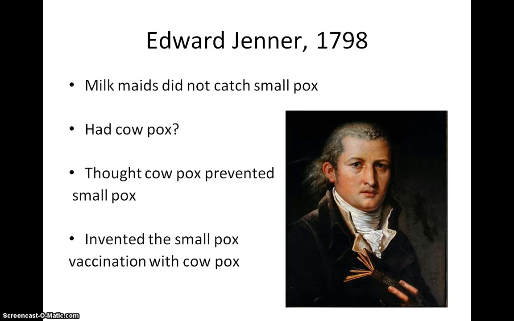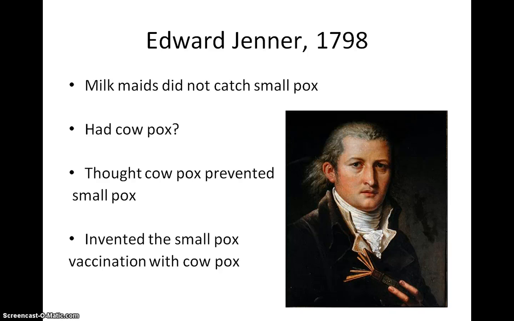So, we're jumping ahead now to the late 1700s. Edward Jenner did something pretty similar to Lady Montague in recognizing that milkmaids did not catch smallpox. So seeing that a certain group of people were seemingly immune to a certain disease, he proposed that possibly the reason why the milkmaids didn't get smallpox is that they were exposed to cowpox, and the cowpox then prevented the smallpox.